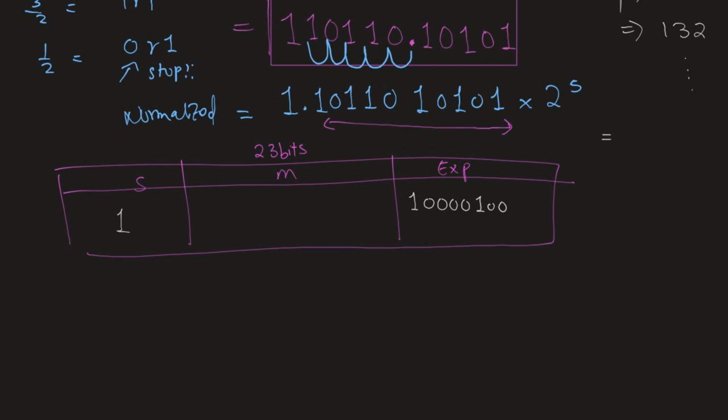Okay, so we have 1 0 1 1 0 1 0 1 0 1, and how many numbers do we have? 1 2 3 4 5 6 7 8 9 10. So we're going to add 13 more zeros. Okay, so I added more zeros, and now it's in 23 bits, and this finally completes our answer.